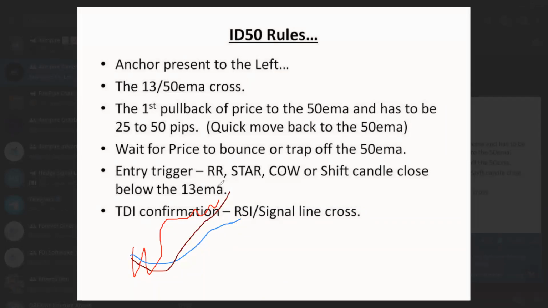So at the end of the day, this market bounce goes down to this EMA. Sometimes you allow it to trap through before going up.